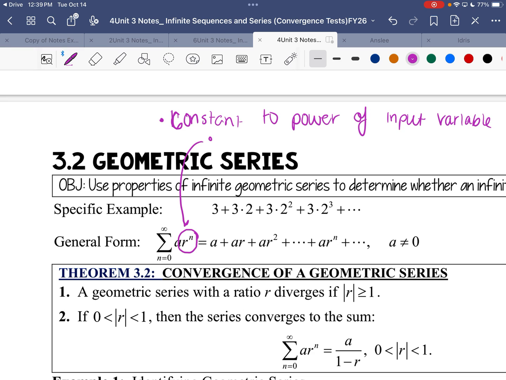And it can't have any of those input variables elsewhere. I say input variables instead of n's because sometimes it's k or j or whatever. But whatever your input variable is, and I know n is the input variable because it's the subscript of n equals 0, you can't also have that same variable anywhere else.